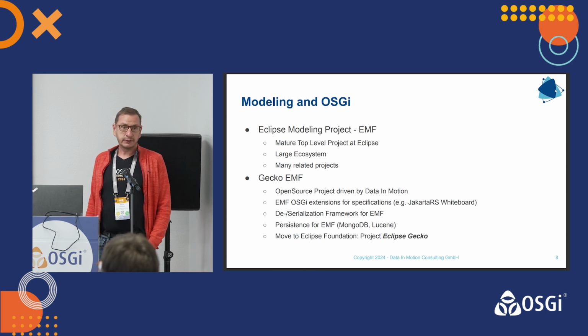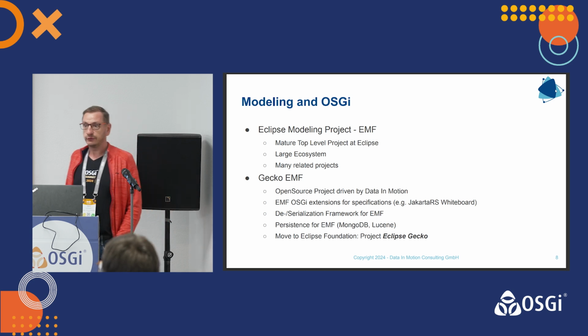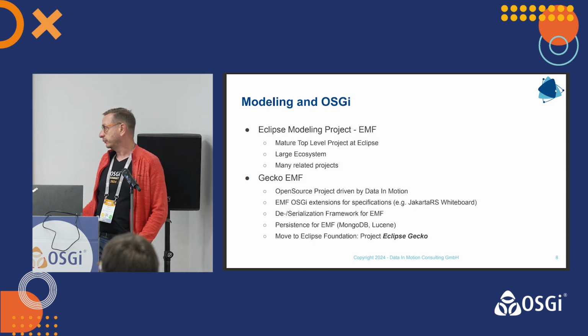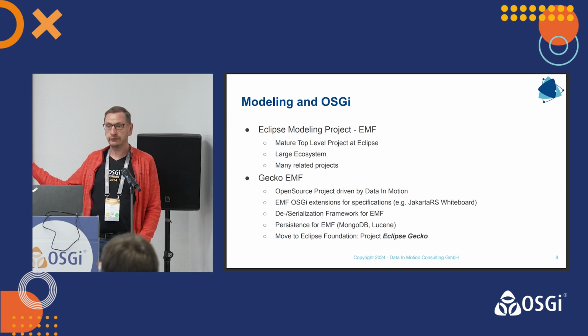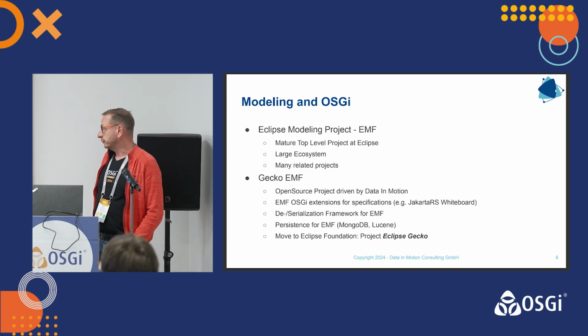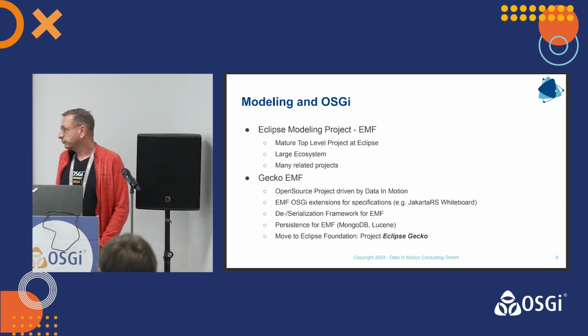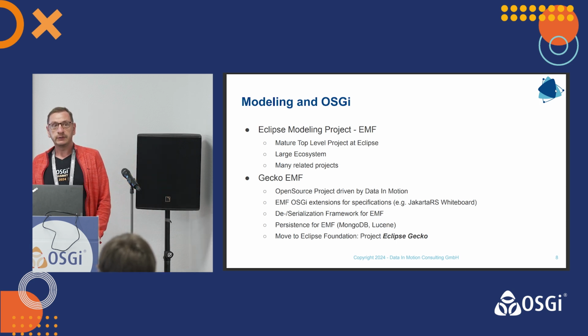On top of the codec, we have the persistence layer, which is just an implementation for serialization. We currently have a MongoDB and Lucene implementation. We're working on JPA as well. And our Gecko EMF project will hopefully move to the Eclipse Foundation. We just have a public proposal for the Eclipse Gecko project.